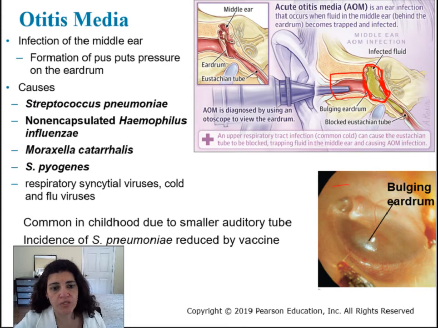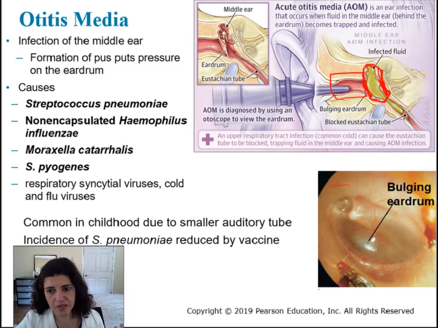So it's important that otitis media is treated with antibiotics. The causes can be Strep pneumoniae, Haemophilus influenzae, Moraxella catarrhalis, and Streptococcus pyogenes. Also, the RSV that we're going to talk about, and common cold and flu viruses can cause otitis media. So multiple different etiological agents can cause it.